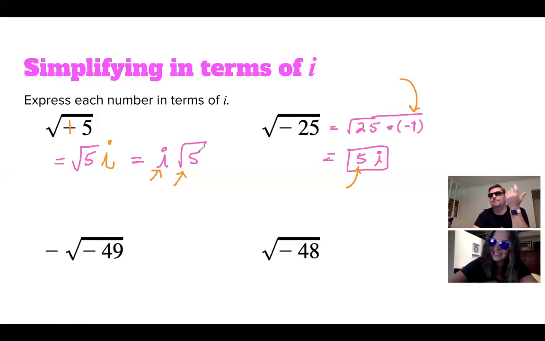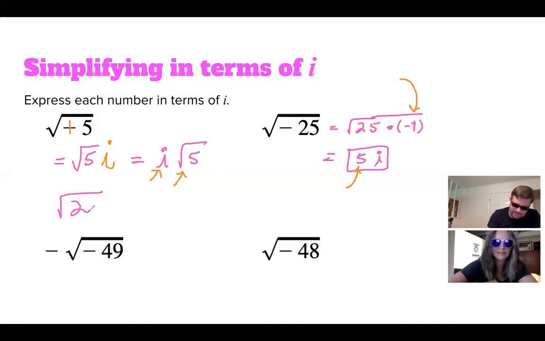And the best reason I can give you is, guys, I don't have the best handwriting, and some of your handwriting is worse than mine, okay? So if you're going in a hurry and you write this, you write your i like halfway under the radical and halfway not. So that's supposed to be like the square root of 24. And I don't know if that i is supposed to be under there or not.